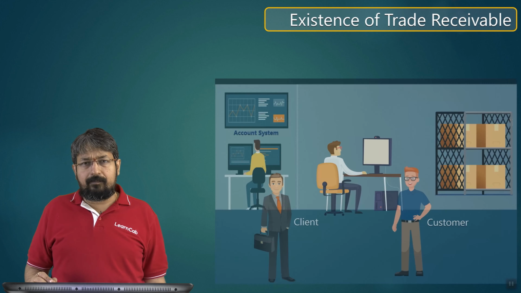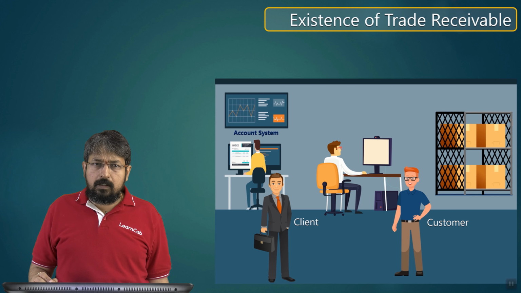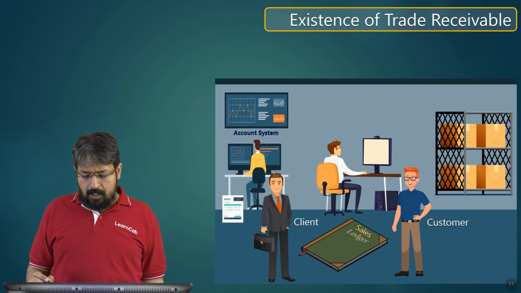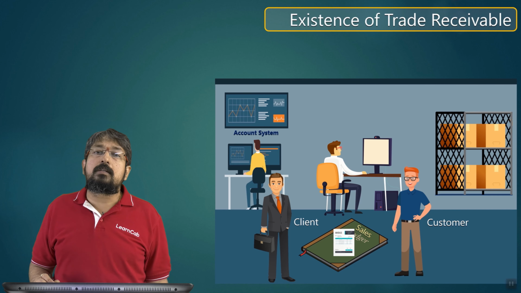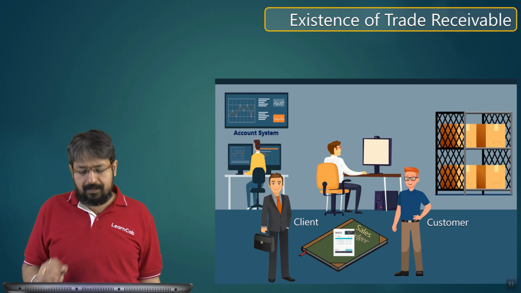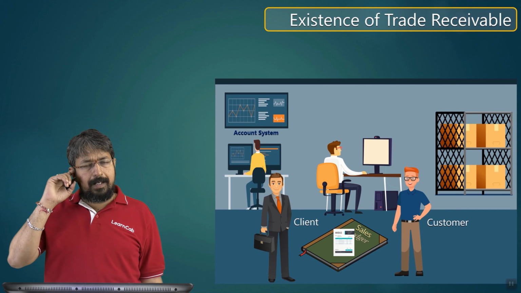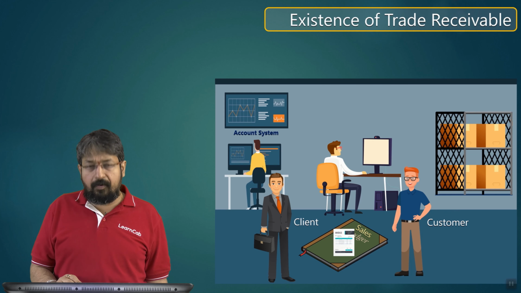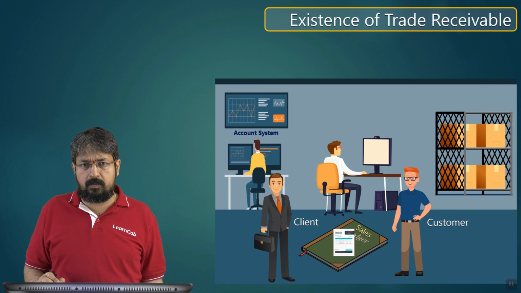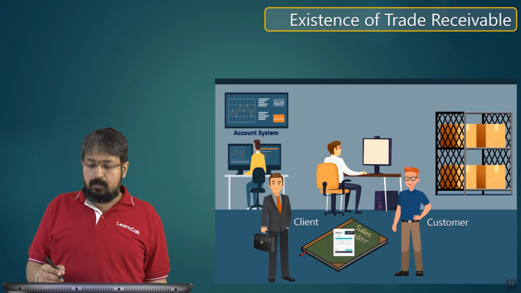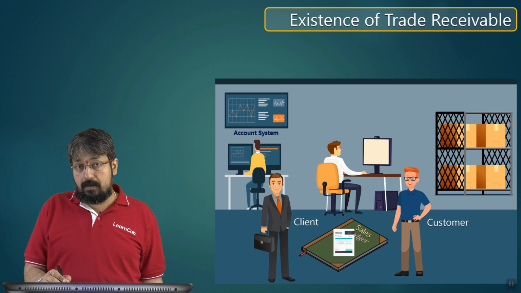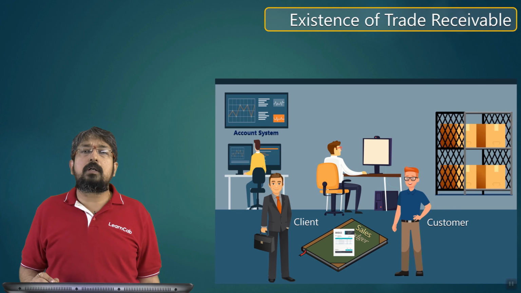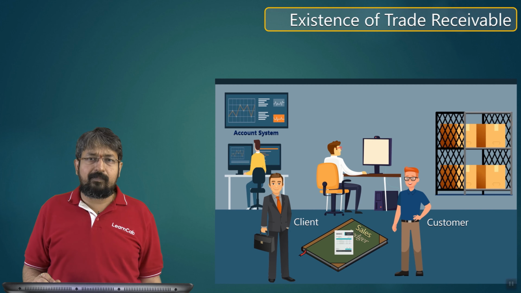Now the sale is made, and this entry goes and is captured in the sales ledger account. So first of all, the client sold the goods to the customer, then the invoice is generated, it is posted in the accounting system, and then it is taken into the sales ledger account.